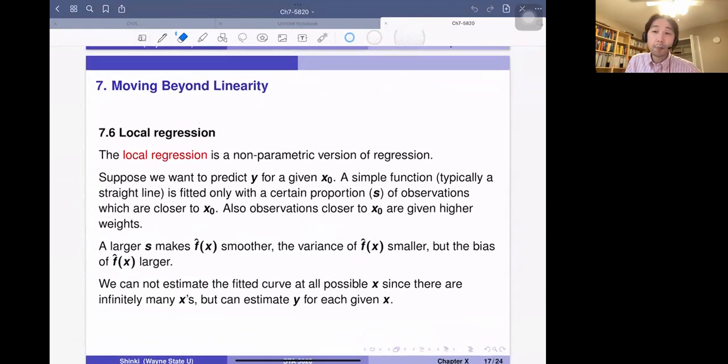Chapter 7.1 to 7.5 are similar models to each other, but 7.6 and 7.7 are a little different. So 7.6 is local regression.